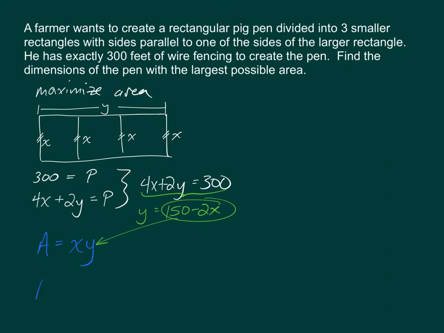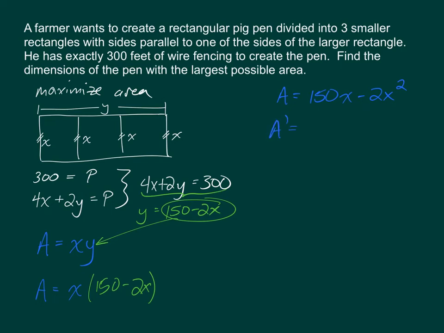That leaves us with the area being x times 150 minus 2x. And again, I do not want to run a product rule if I don't have to. So I'm going to distribute this x to everything inside the parentheses and end up with an area equation that looks like this: 150x minus 2x squared.